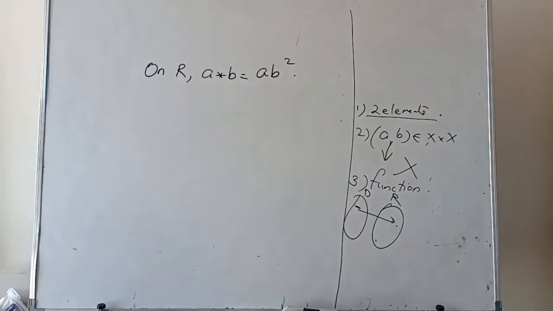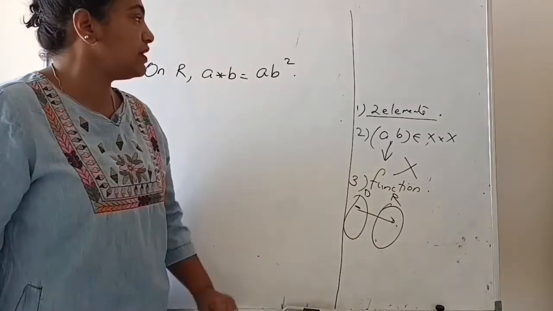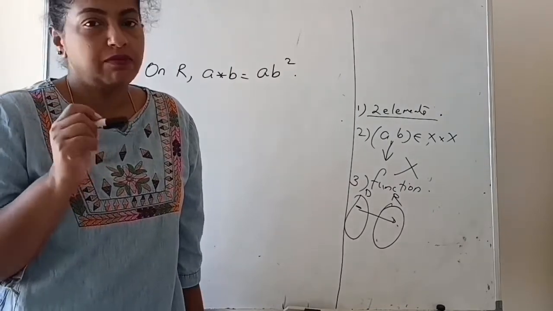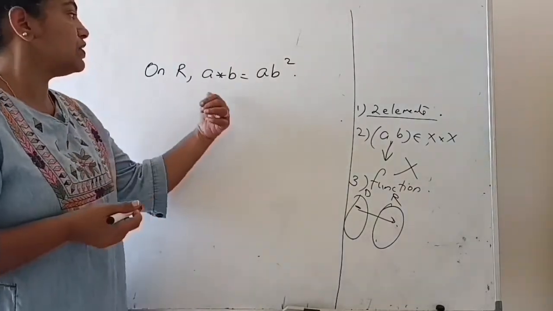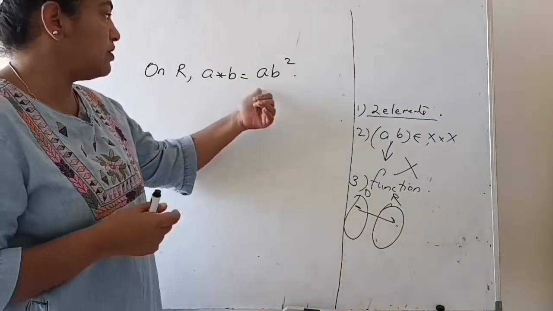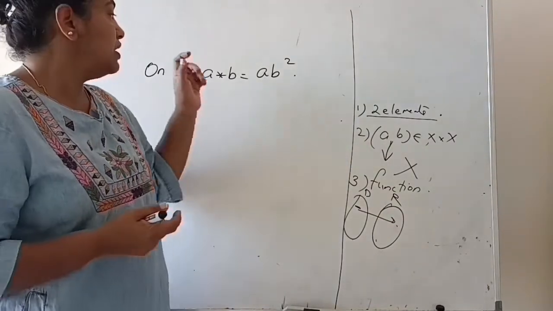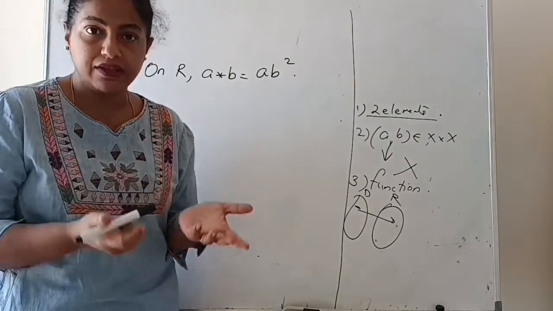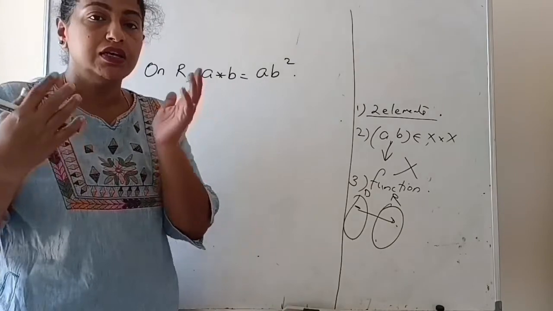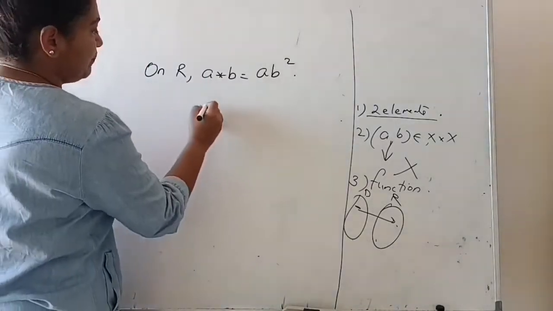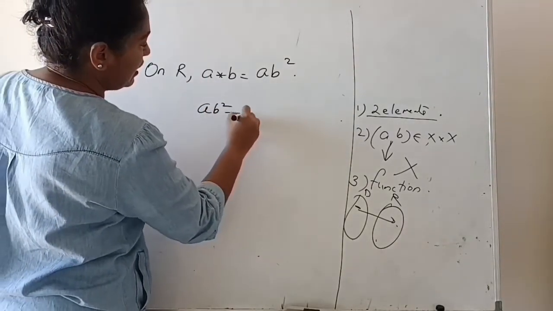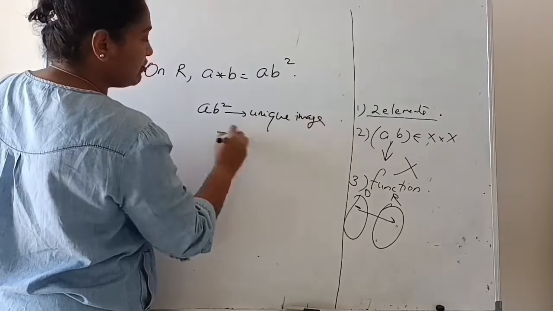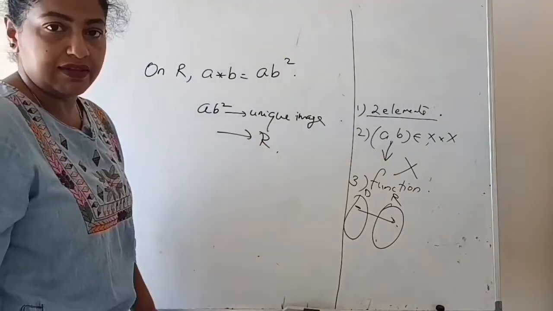On R, a binary b is equal to ab square. I have taken this sum from the NCERT textbook. So let us see whether this is a binary operation or not. So you know that on R, which means on real numbers, a binary b is given as ab square. So a and b belong to R. So we need to see whether ab square has a unique image in the range, which is in R. So we need to know ab square has a unique image and whether that unique image also belongs to R itself.